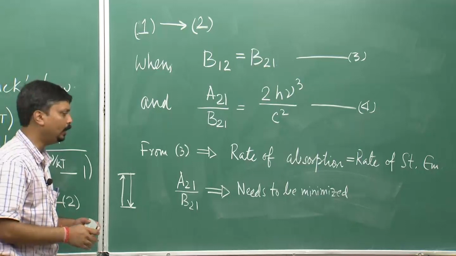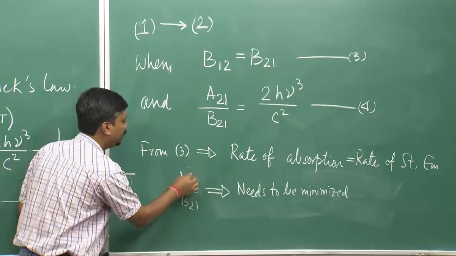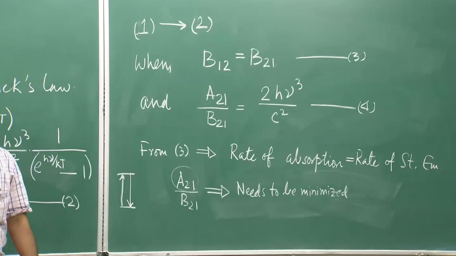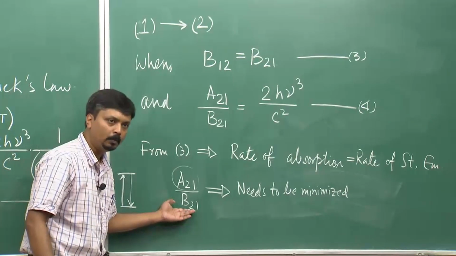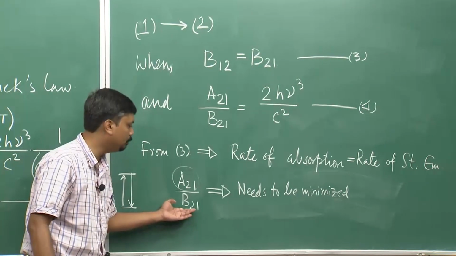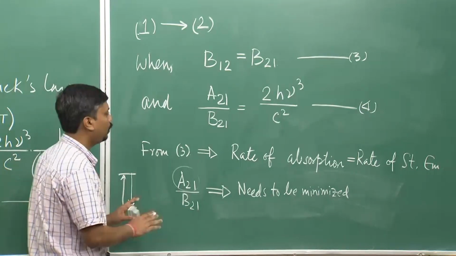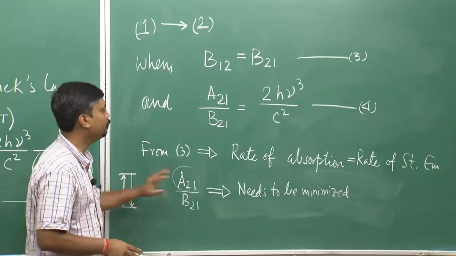So, how can I do that? I can make the spontaneous emission rate constant very low, and make B21, that is the stimulated emission rate constant, very high, right. So, how can we do that? We will see that very soon.